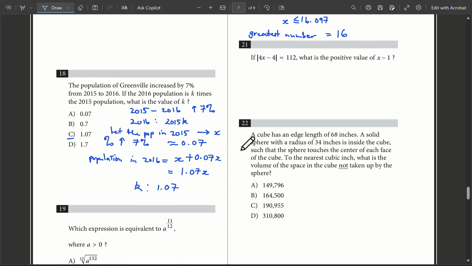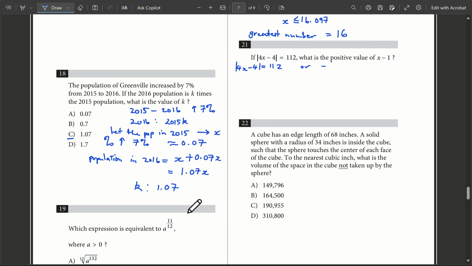And then number 21, if the absolute value of 4x minus 4 is equal to 112, what is the positive value of x minus 1? Okay, so this right here can be written as two linear equations, whereby we have 4x minus 4 is equal to 112, or it can be written as a negative.